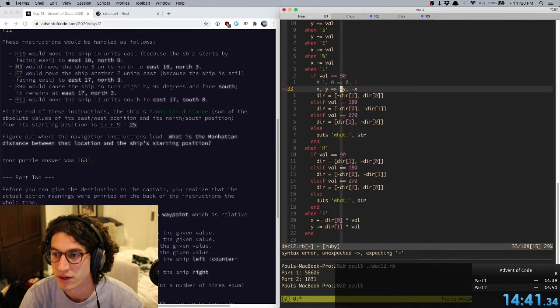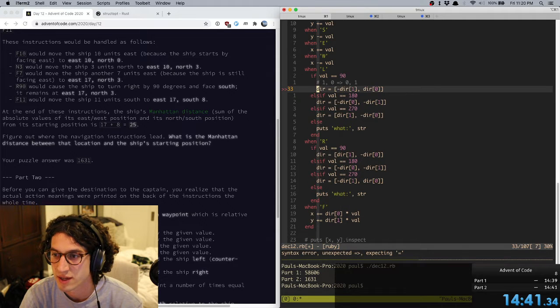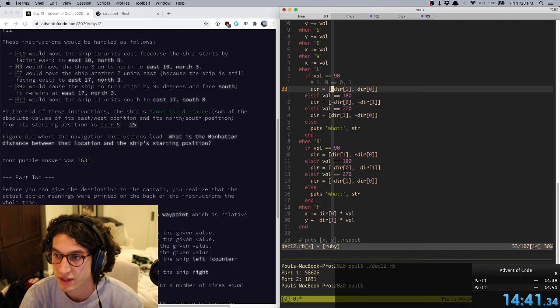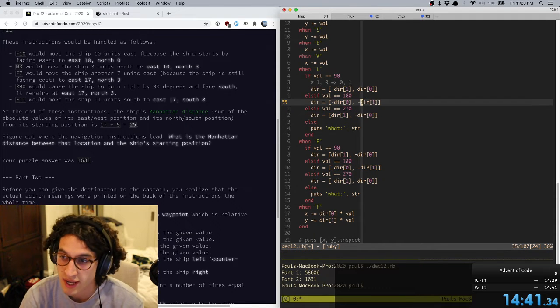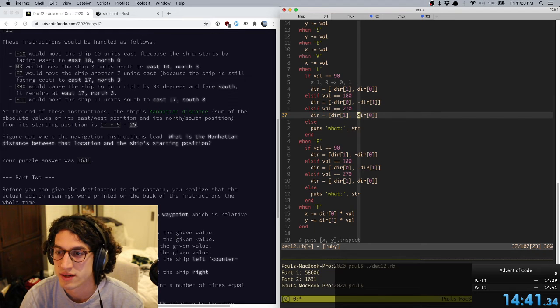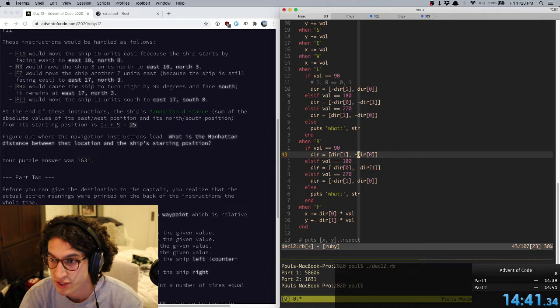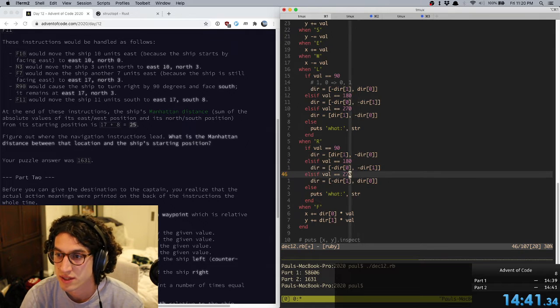And if you want to go the other direction, clockwise, it's (y, negative x). So this is dir equals negative y, x. For 180, you just flip both. And then right is y, negative x. These are just switched for the right case.